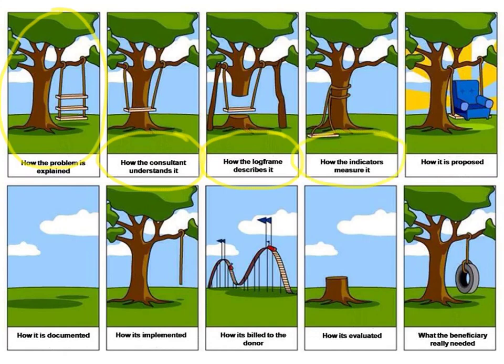We then see how usually it is proposed to the donor, and then how it is documented. We also see how it is implemented, how it is billed to the donor, how it is evaluated, and what the beneficiary really needed.